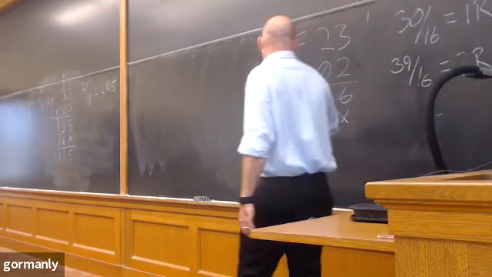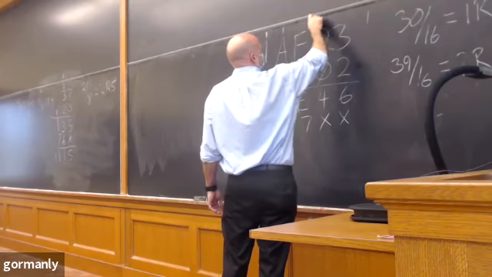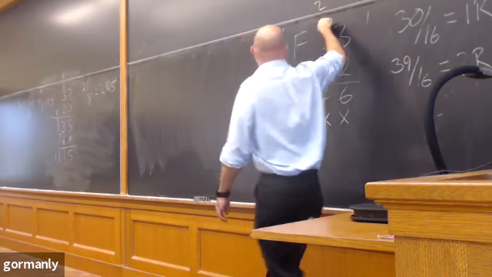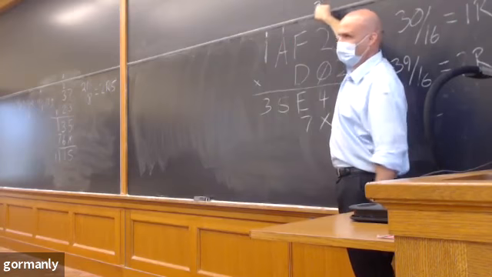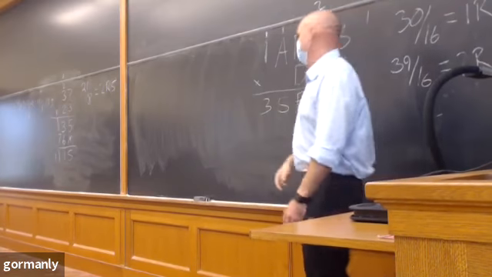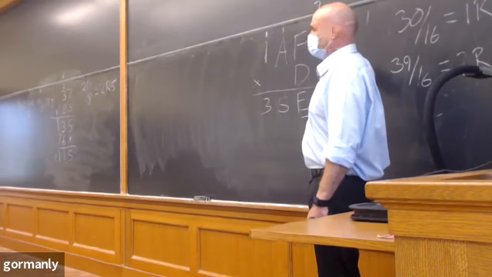So we take our 7 and we carry our 2. Remember, even though nothing's here, I'm still going up here. I want to be clear on which line I'm doing carries from. 13 times 2 is 26.